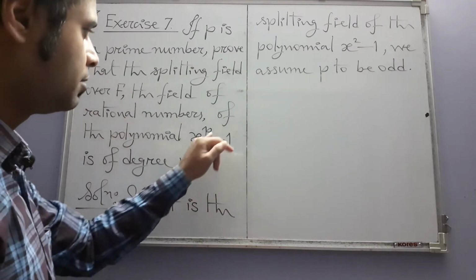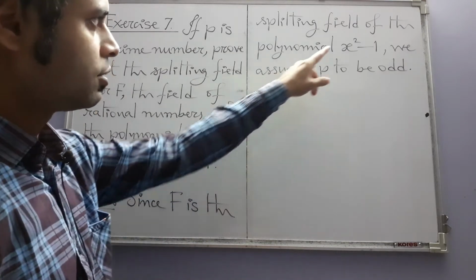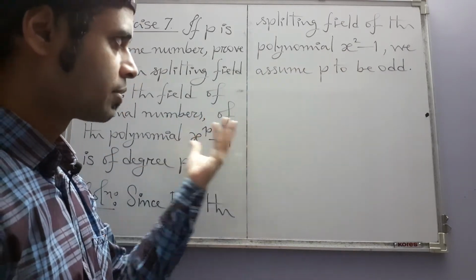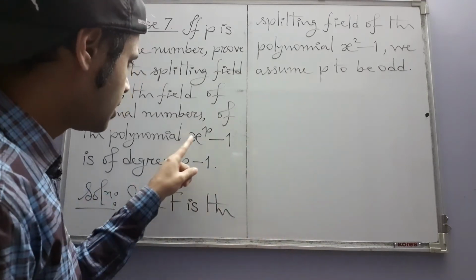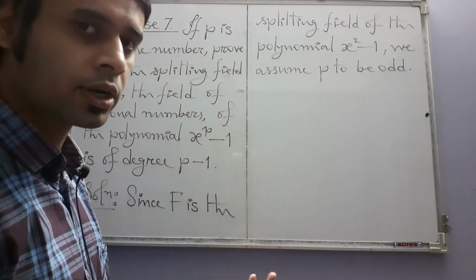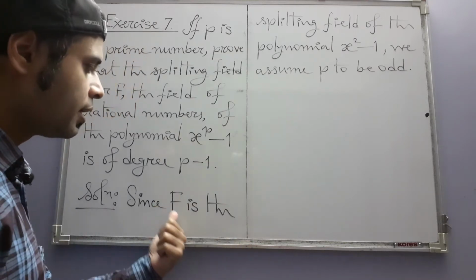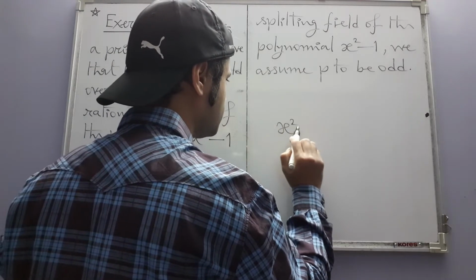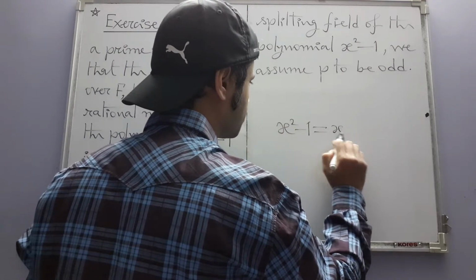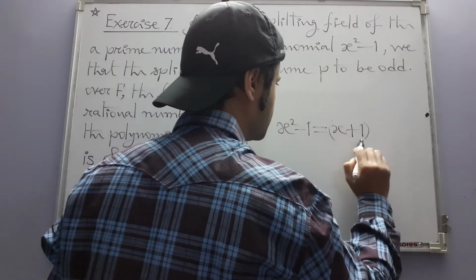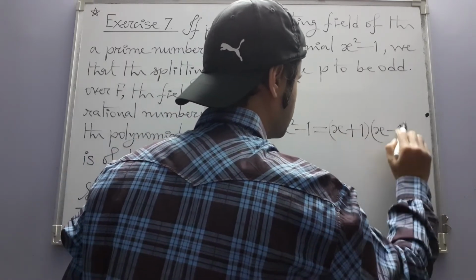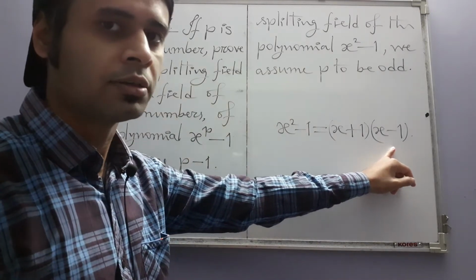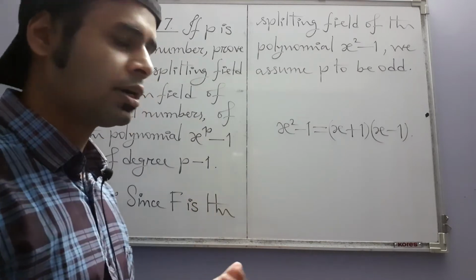Why? Because when p is 2, then your polynomial is x square minus 1, which of course is reducible, and it splits completely as a product of linear factors over f itself, the field of rational numbers, and you already know how that happens. X square minus 1 is x plus 1 times x minus 1, where both the linear polynomials x plus 1 and x minus 1 are polynomials over the field of rational numbers.